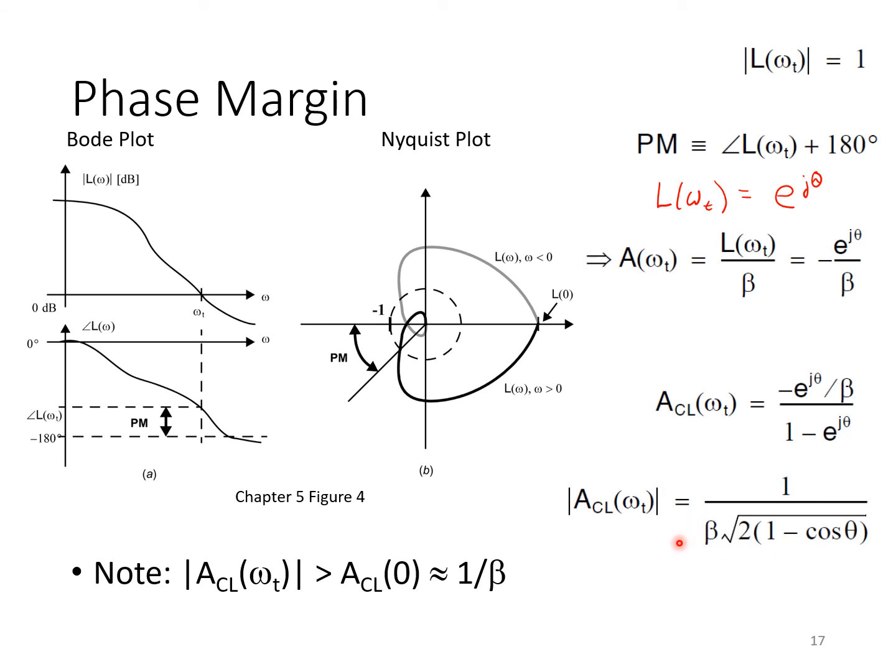The situation is a little more complicated in that the closed loop response may exceed 1 over beta at some other frequency, not the unity gain frequency. But this clearly allows us to see that the phase margin is directly related to the amount of peaking that we see around omega T in the closed loop magnitude response.